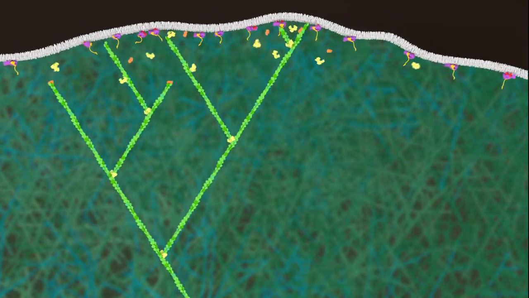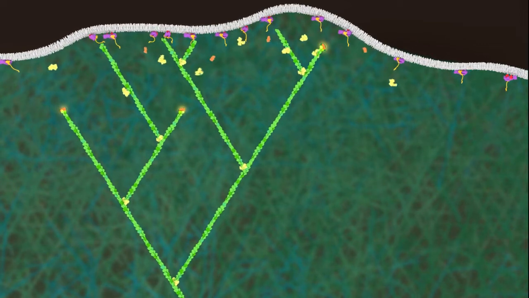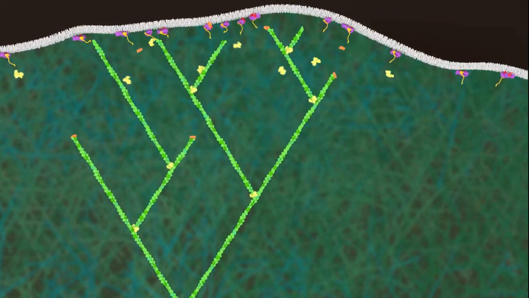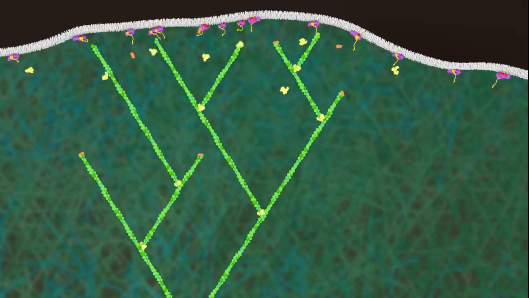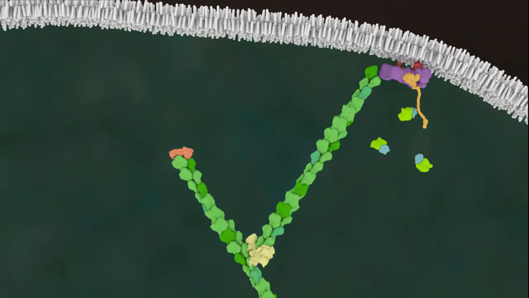By continually removing free barbed ends from competition with the ARP2/3 complex, capping protein ensures that the rate of branching never approaches zero. In fact, at steady state, the rate of filament branching equals the rate of capping. These simple interactions enable 5 molecular building blocks: actin, profilin, capping protein, the ARP2/3 complex, and a nucleation promoting factor to self-assemble into a force-generating cytoskeletal motor.